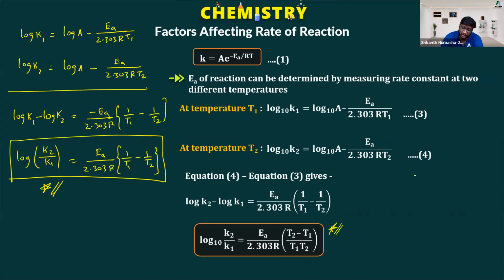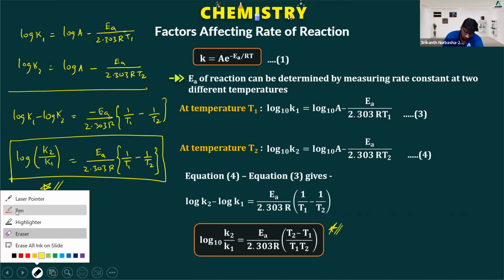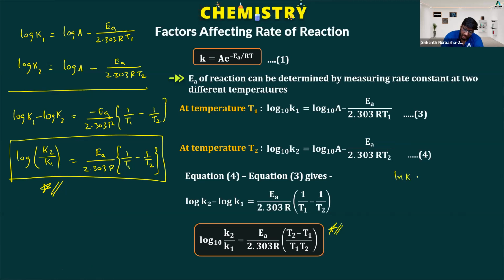You can write the same equation as ln K is equal to ln A minus Ea by RT. A is a constant with respect to temperature. That means even though I change the temperature, A is not changing.